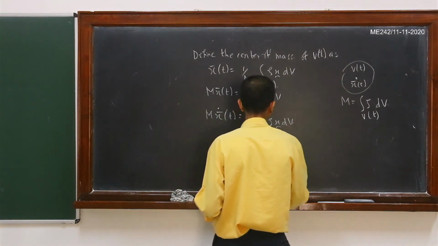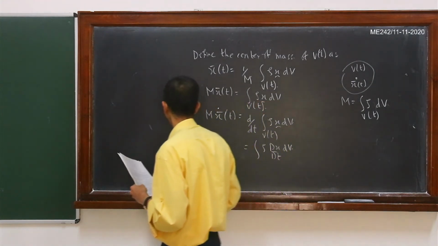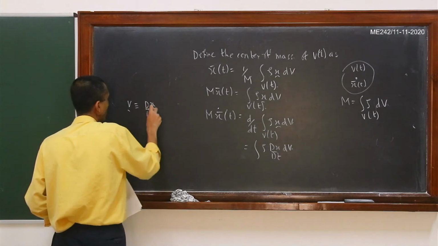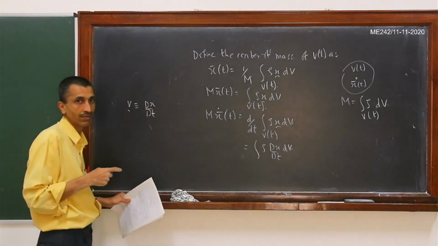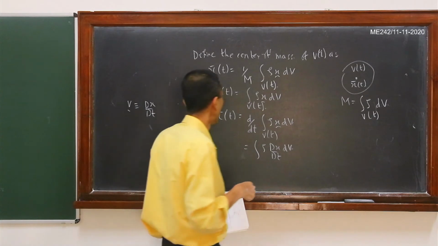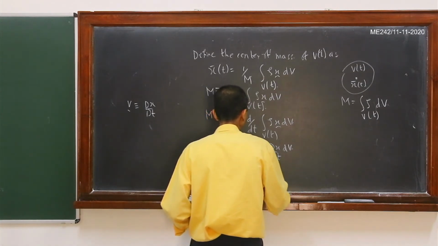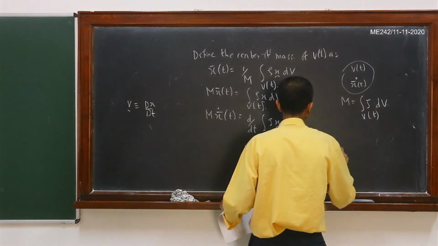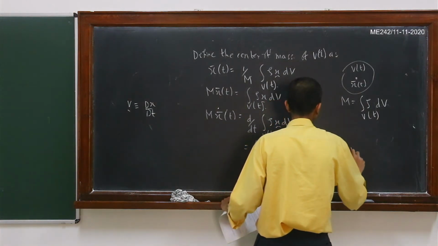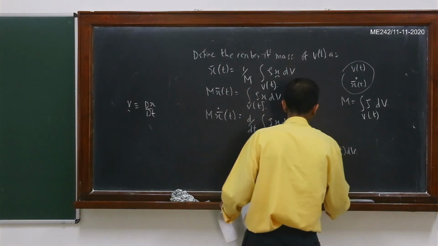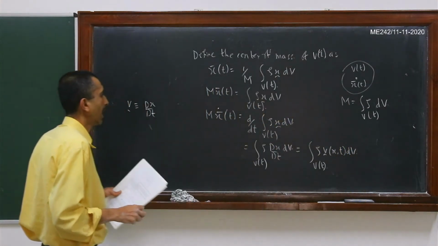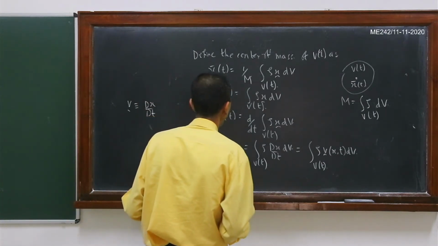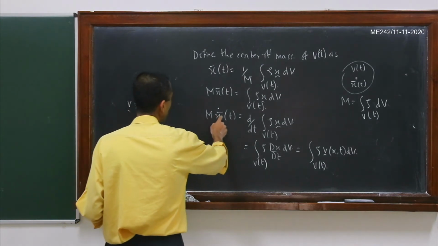We have seen, if you recall, that v can be written as dx by dt; in one of the previous lectures we had discussed this. So this is equal to the integral of rho times v of x comma t times dv over V of t. Let me differentiate this one more time.